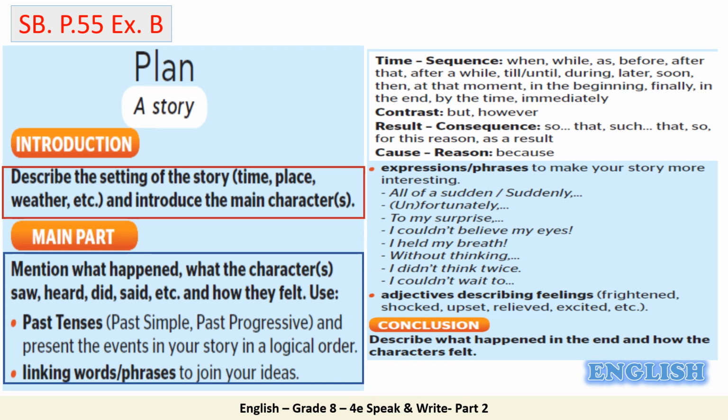A very important point when we write a story: your story should be written in the past because it's a past experience. Use past tenses such as past simple and past progressive, and present the events in your story in a logical order. That means mention what happened in the right order.